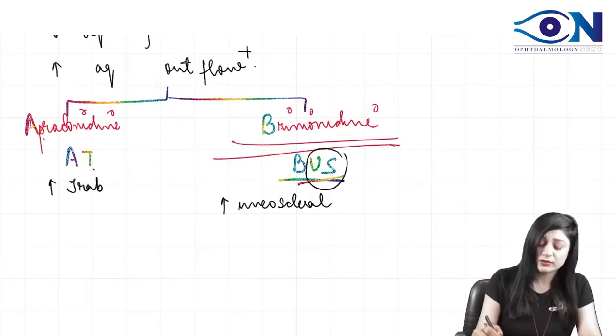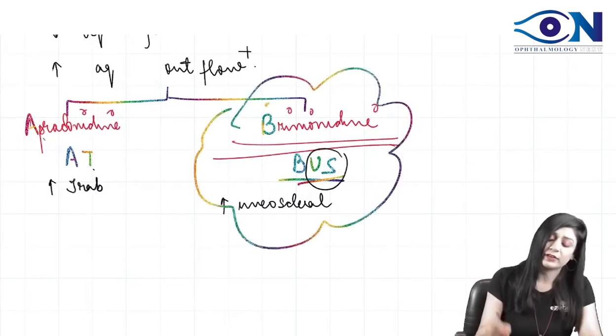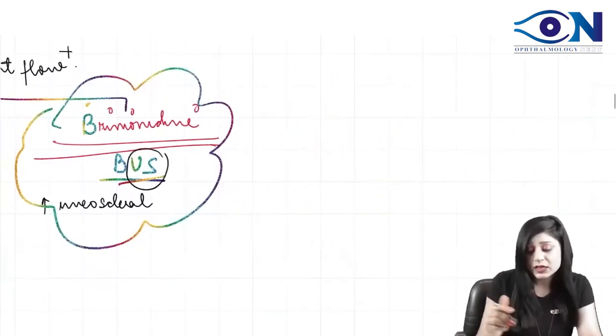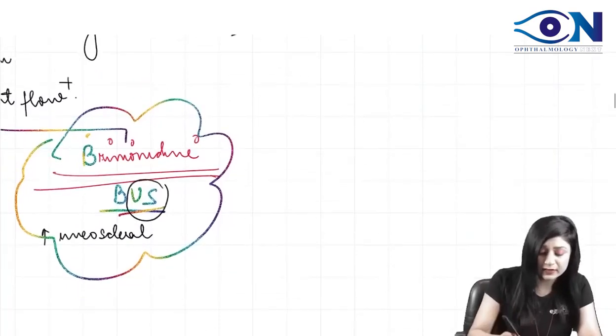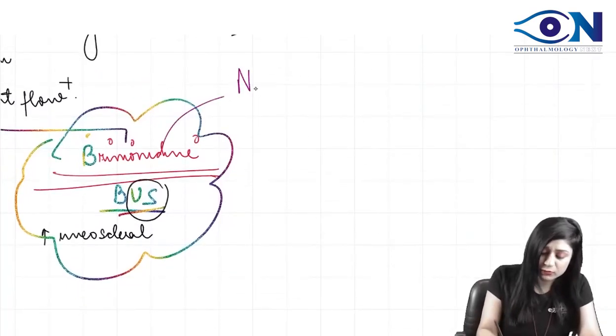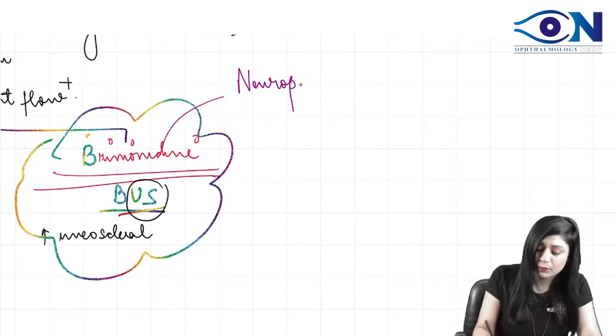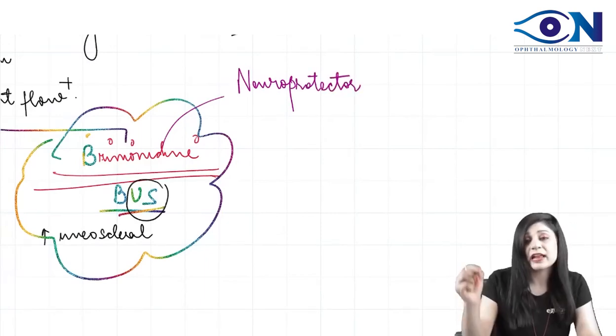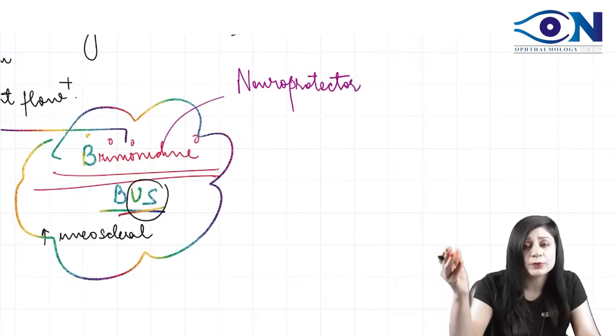And don't miss anything about this brimonidine. Very, very important. This brimonidine is useful as a neuroprotector drug. It is the only anti-glaucoma drug which gives you neuroprotection.